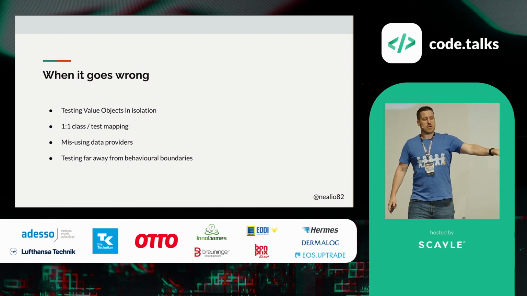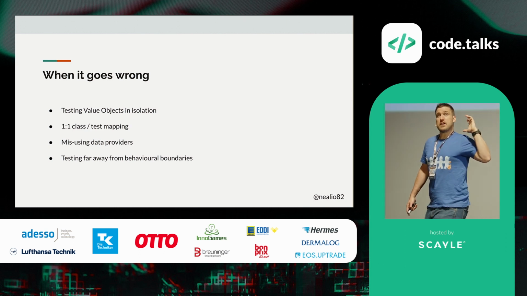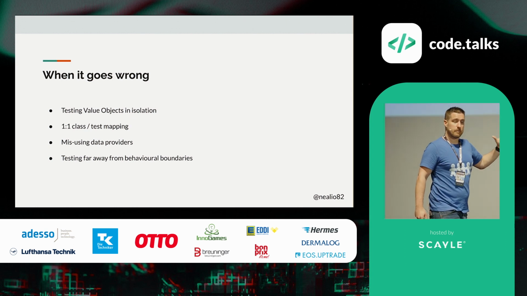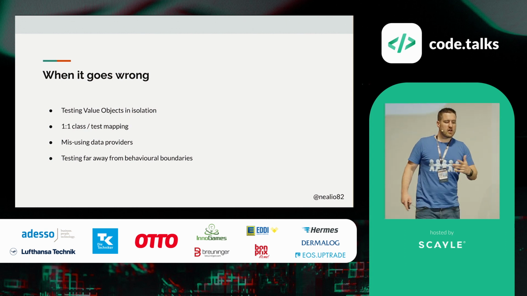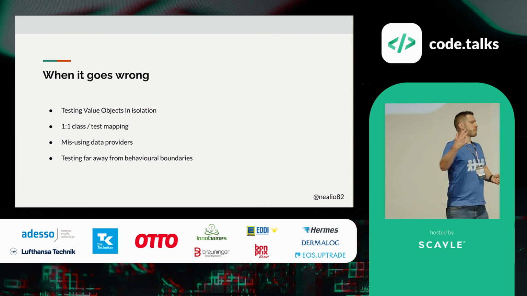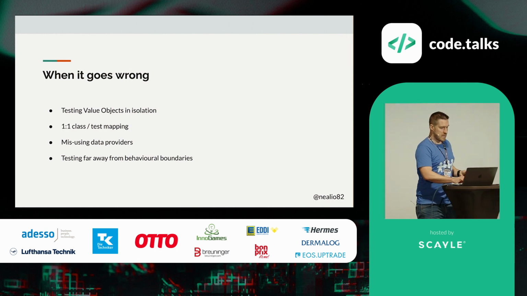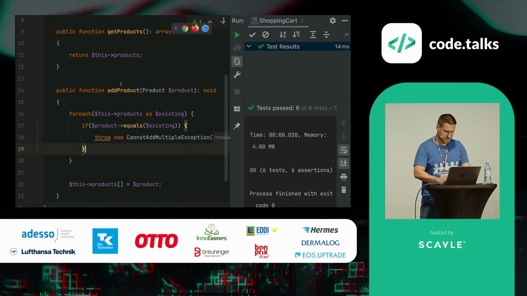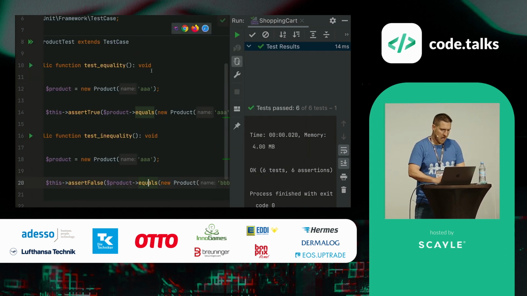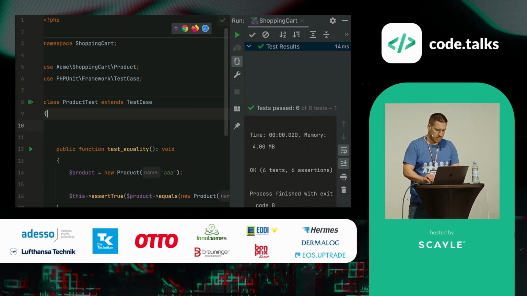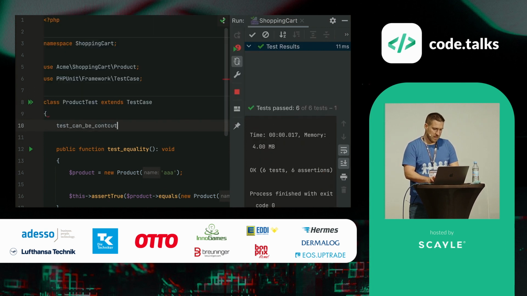There are things that go wrong, right? So, these are kind of smells for if you're getting things wrong. So testing value objects in isolation. With that product class that I just showed you here, so if we have, let's say, the product test, I've seen people go in, test can be constructed, right?